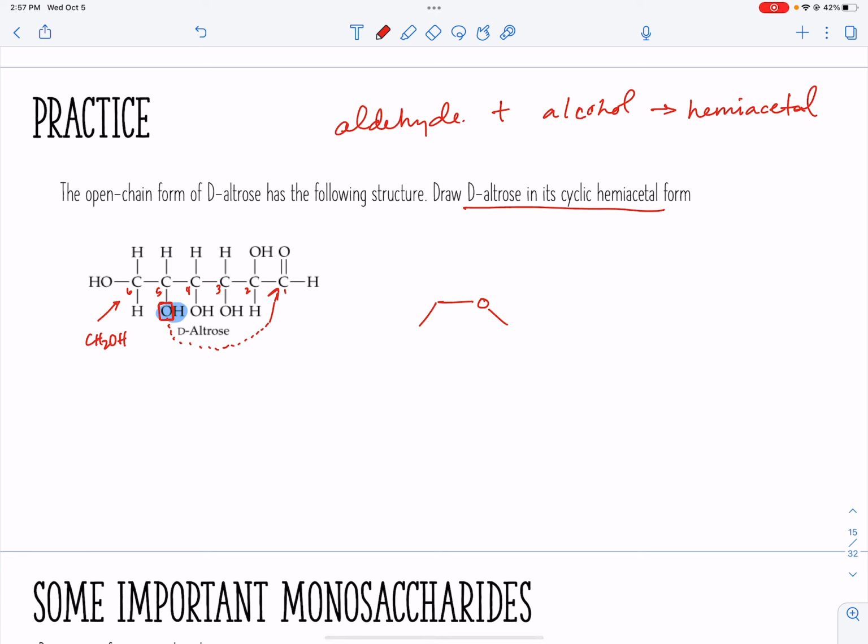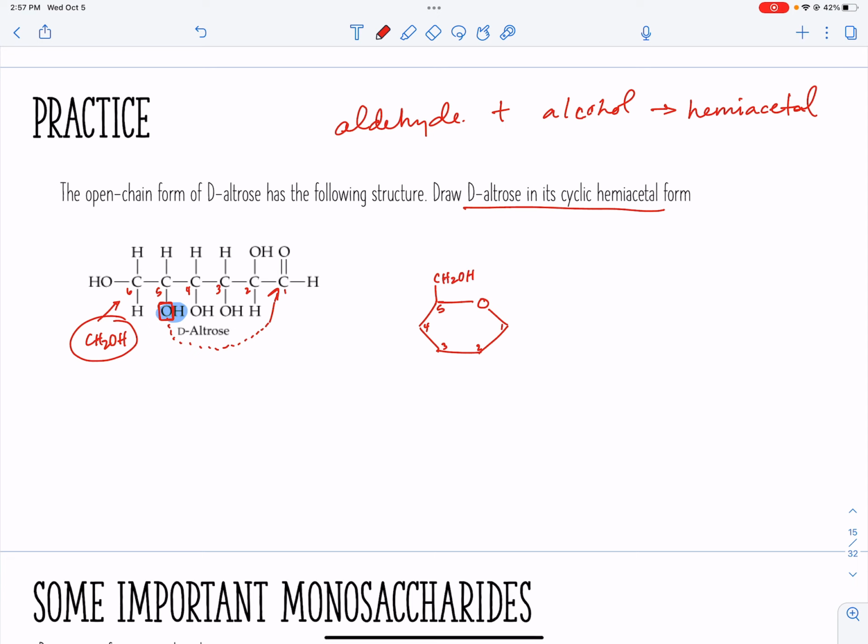Then I finish my hexagon, and you have to draw it flat as can be. Now let's number these so that we orient ourselves. This is carbon 1, carbon 2, carbon 3, carbon 4, carbon 5, and then we have to draw the CH2OH, which is carbon 6, up above the ring.